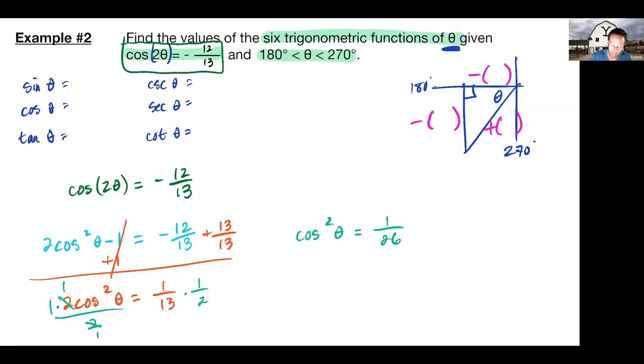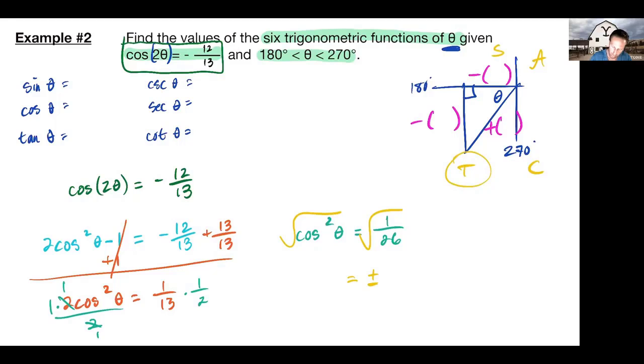My last step would then be to take the square root of both sides. And remember, if you take the square root, you have to include the possibility of it being a positive or a negative value, which we already know because we know what quadrant we're in. Okay?